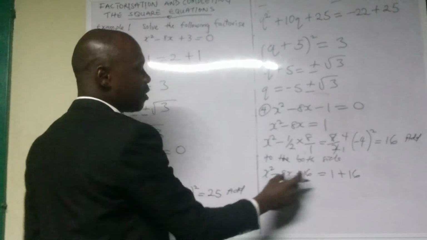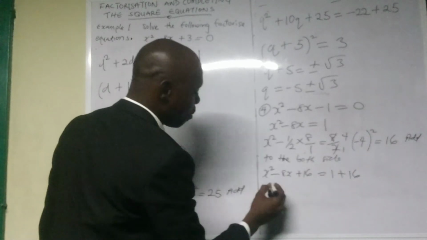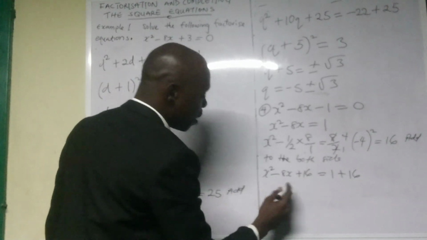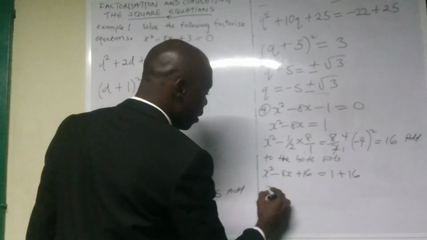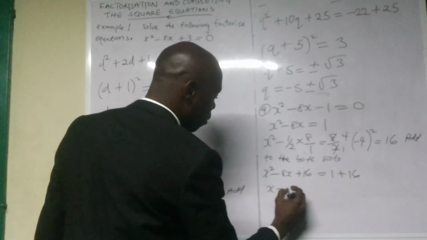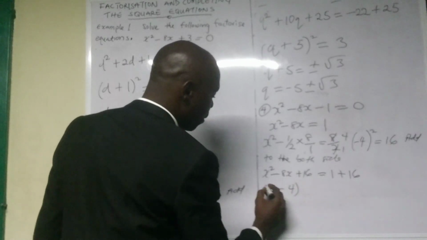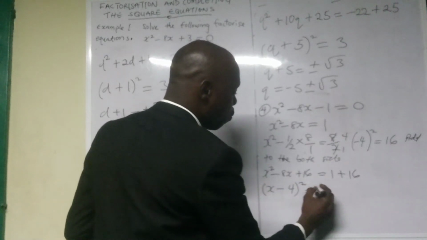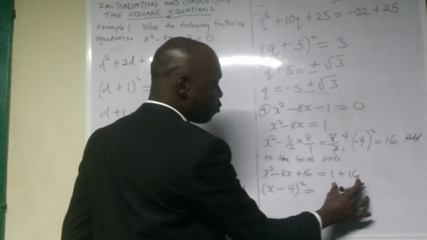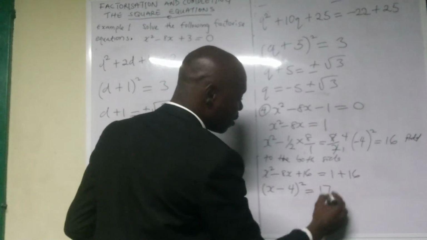So we add 16 to both sides. So from here now, we are looking for the half of this equation. Half of this equation will now give us (x minus 4) close bracket 2 equals, if you add this one together, it's going to give you 17.